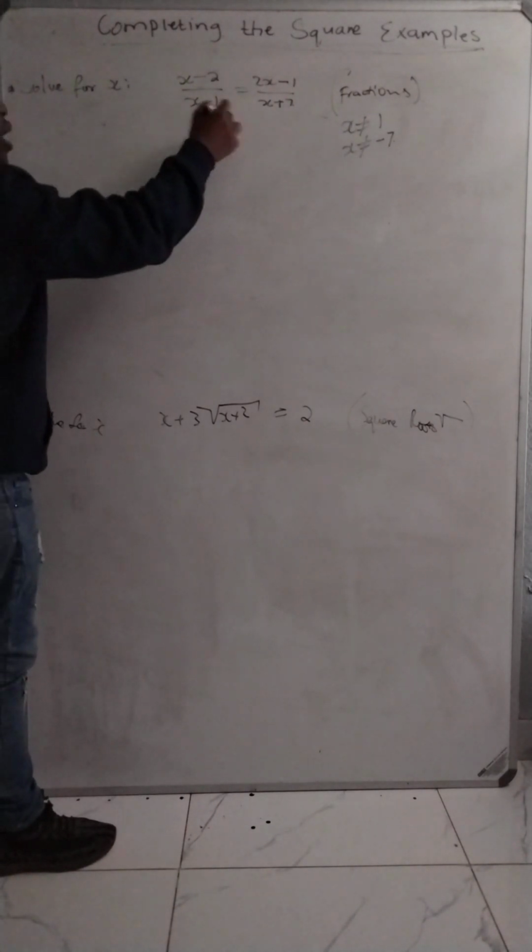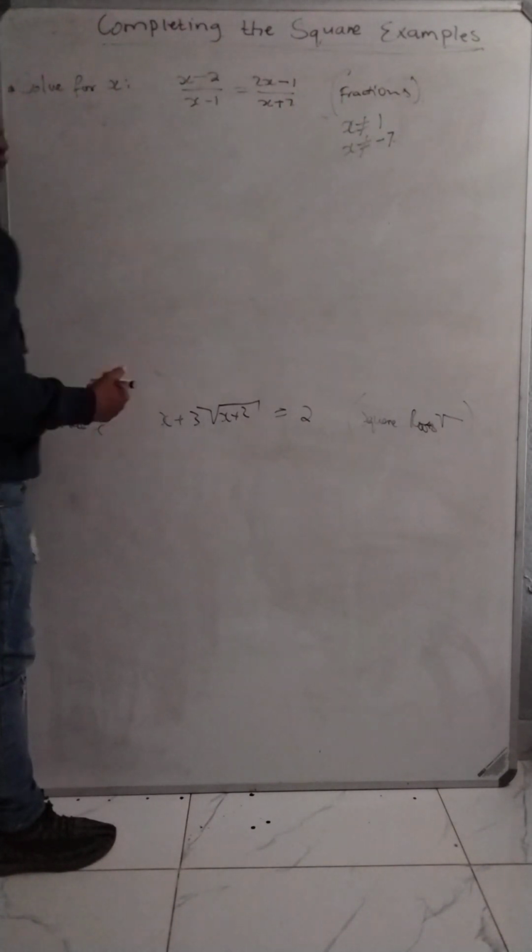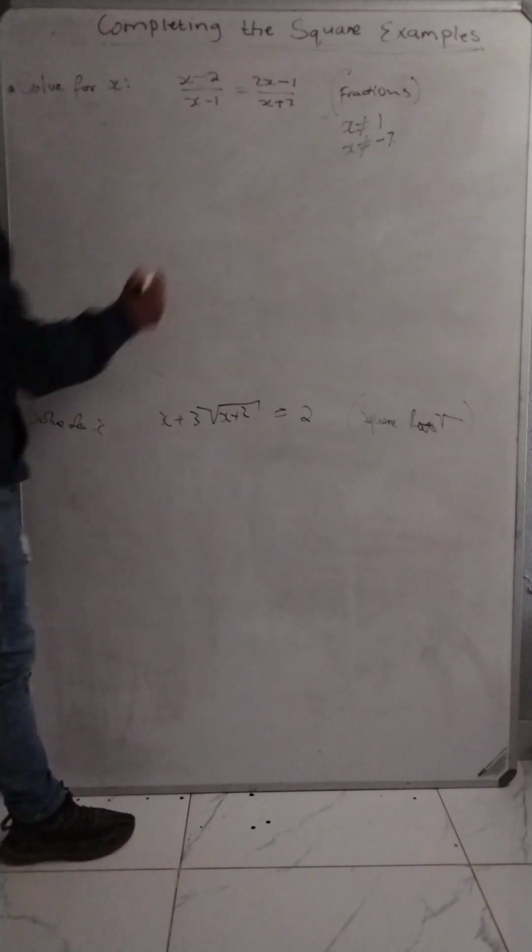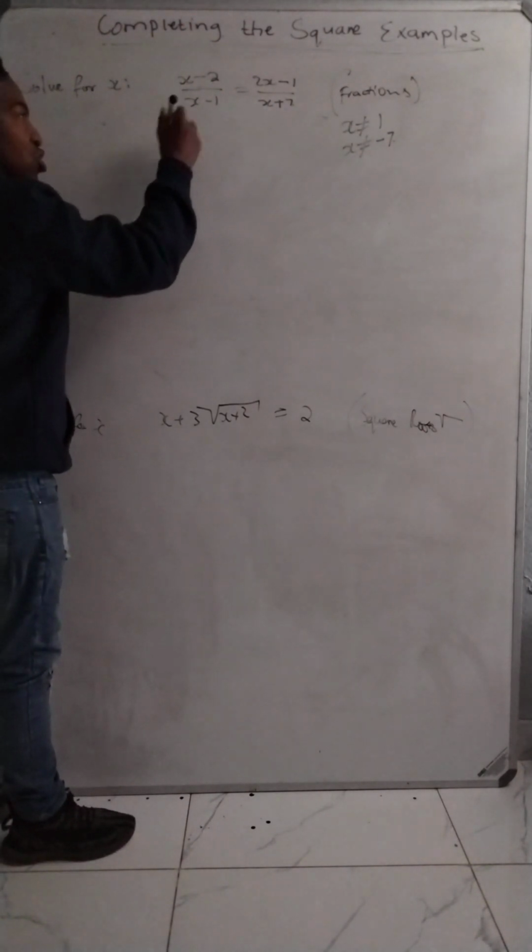You can multiply both the left and the right by the same items. I'm just going to give you an example.